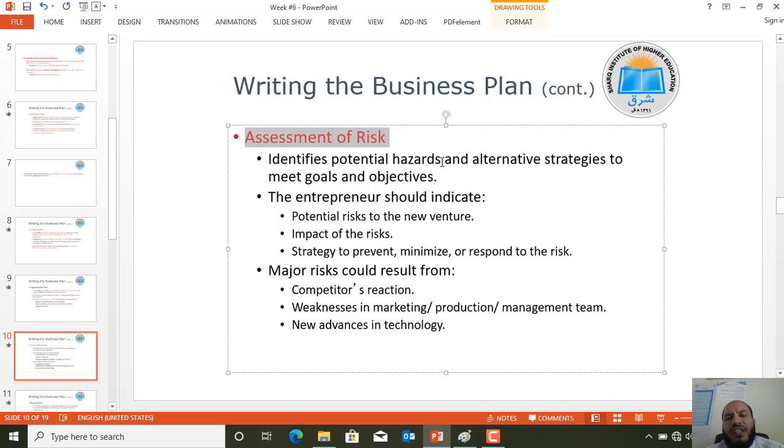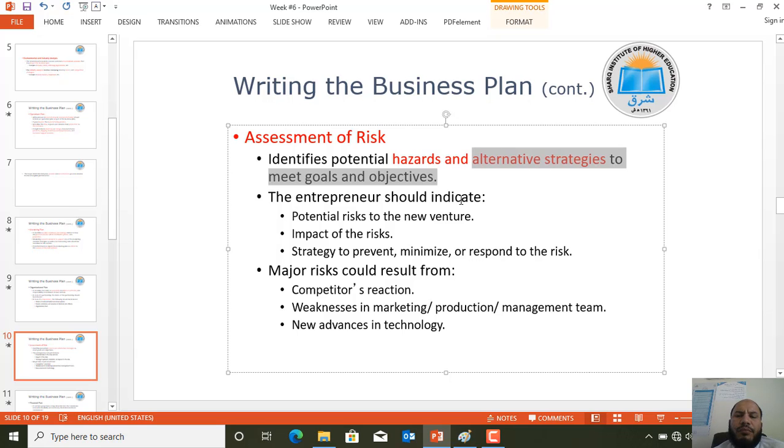So that's why we may say that assessment of risk means this. Here we will identify the potential hazards and alternate strategies to meet the goals and objectives. So here we will find the hazards, the problems, the issues, the disasters that we may face, and for that we will prepare the strategies to mitigate or to achieve the objectives of the business.